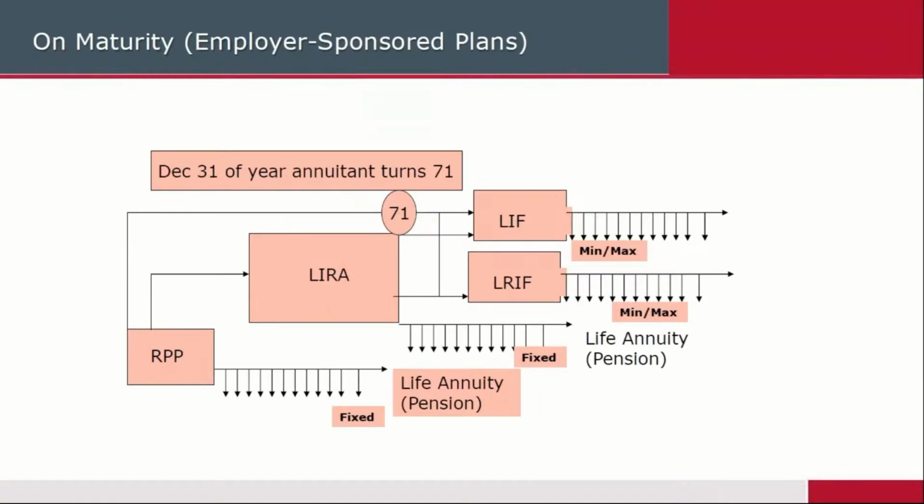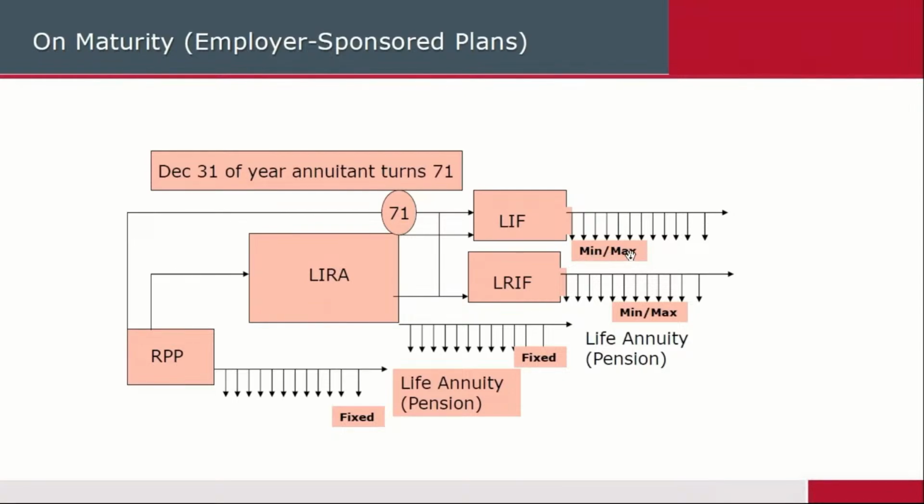So on maturity, which cannot be any later than December 31st of the year you turn 71, you can take your RPP money, and if you are over 55, you can buy a LIF, a life income fund. That locked-in fund has a minimum amount of money that you must take out, but it also has a maximum.